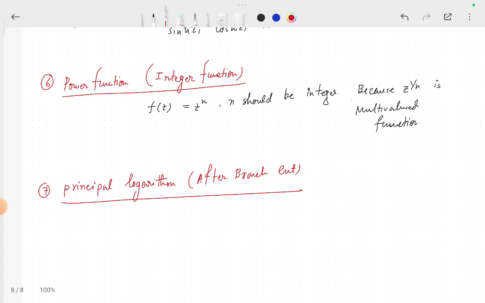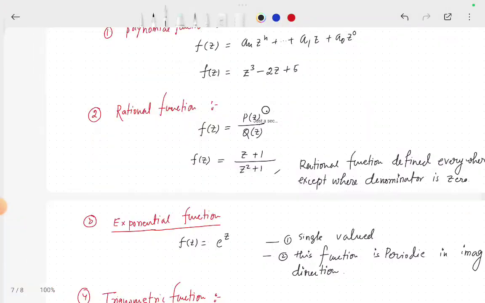The function called principal logarithm after branch cut, that is log z equals ln r plus i theta, with theta from minus pi to plus pi. In this restricted argument, this log z is called a single valued function. So these are some single valued functions I listed here.